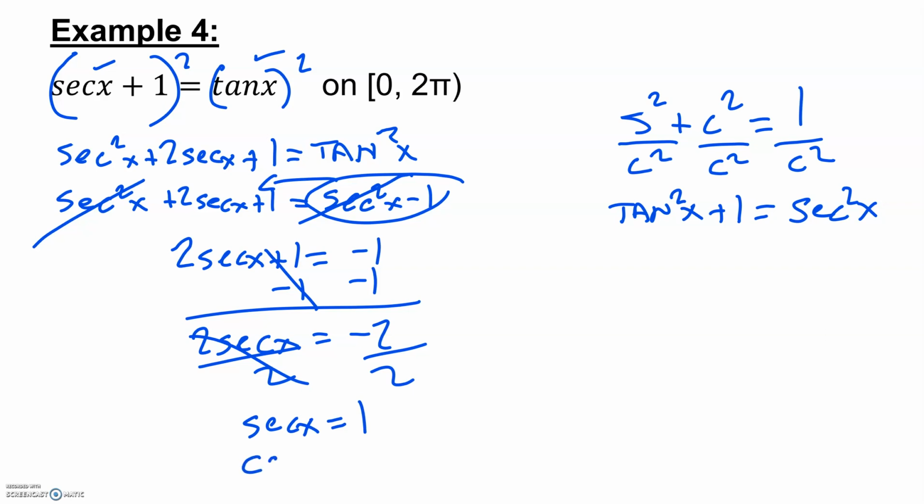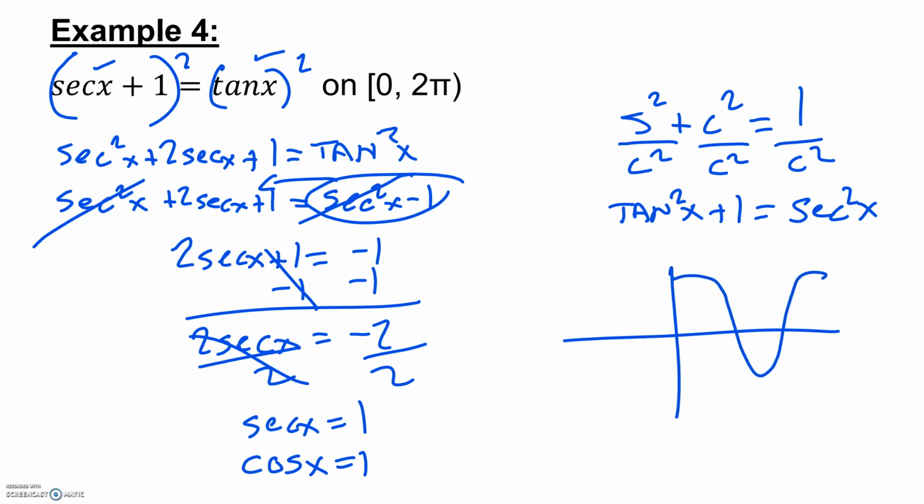Take the reciprocal. We're like, wow, all that work down here, cosine equals 1. When does cosine equal 1? Cosine equals 1 right there. And we would say that's when the answer x is, oh, hold on a second, x is equal to 0.